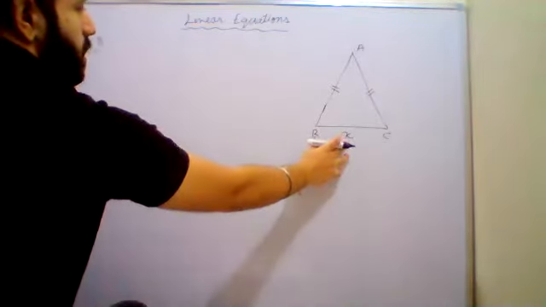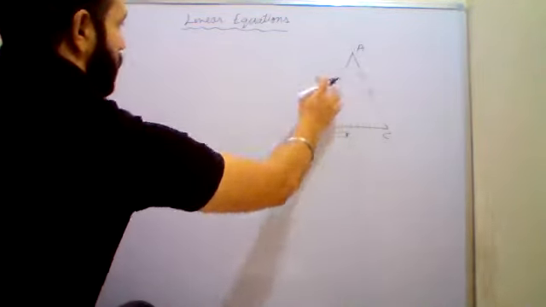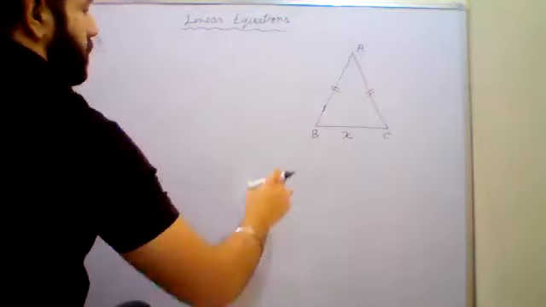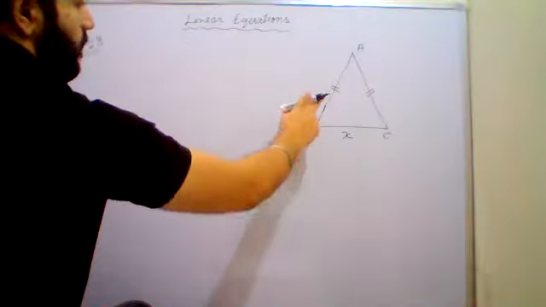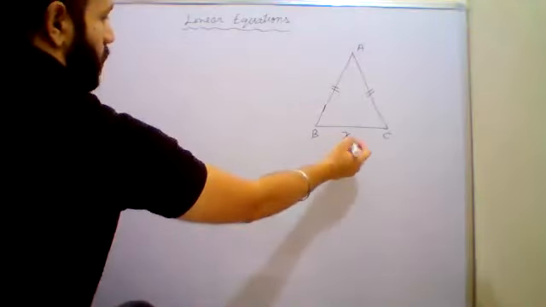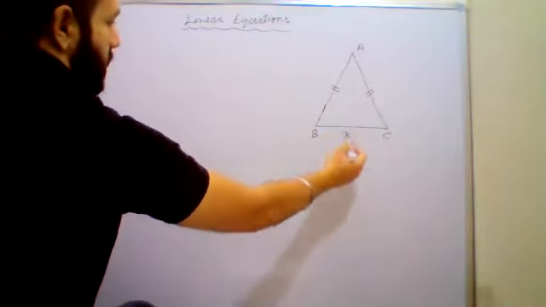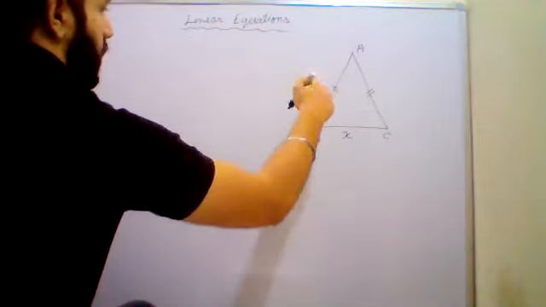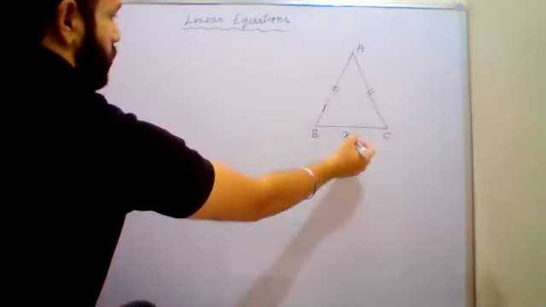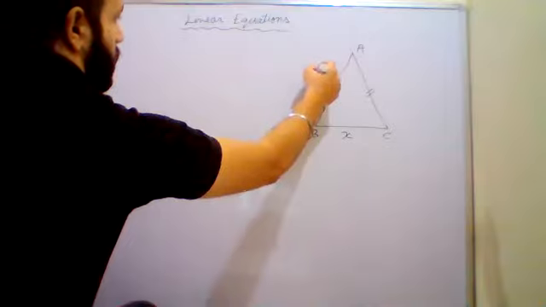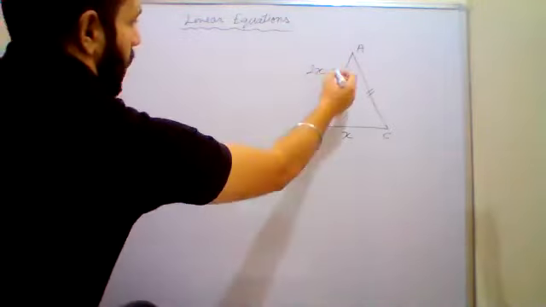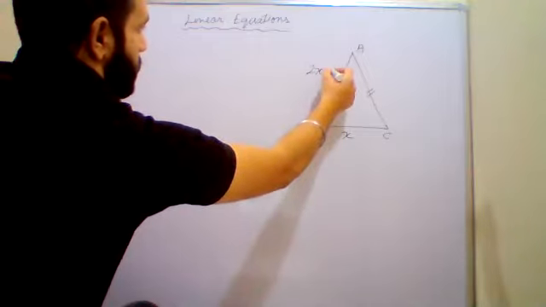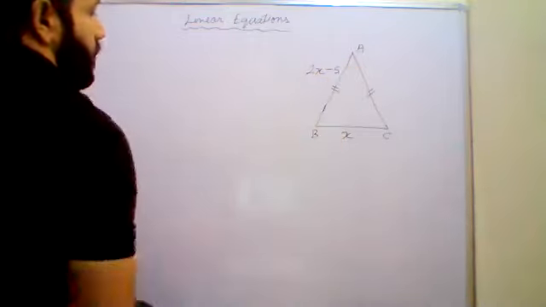Now, each of these equal sides, that means these two, they are 5 less than twice of the third side. So what is twice of the third side? It is 2x. Five less than twice of the third side means 2x minus 5.